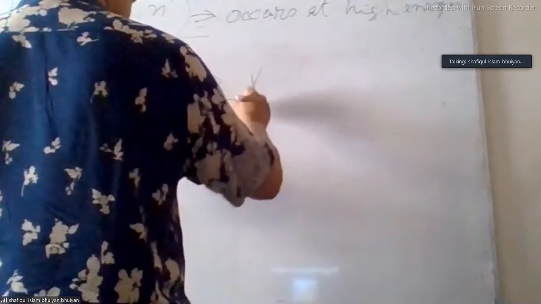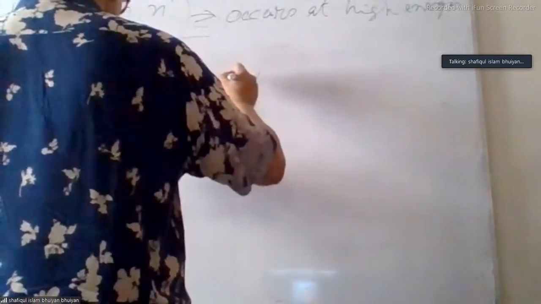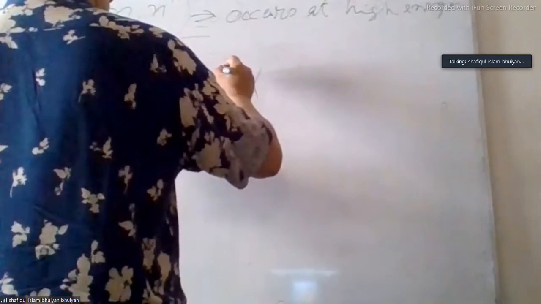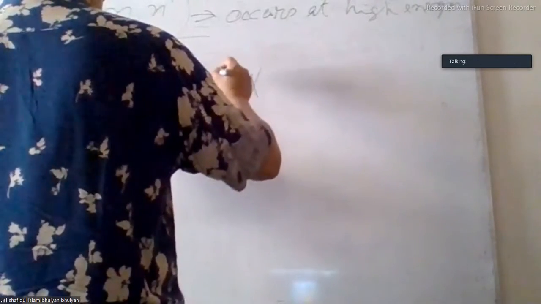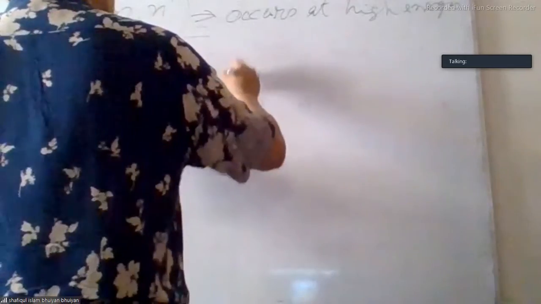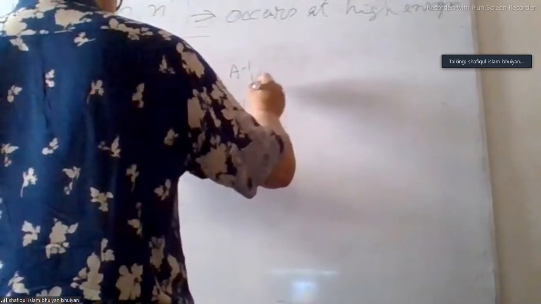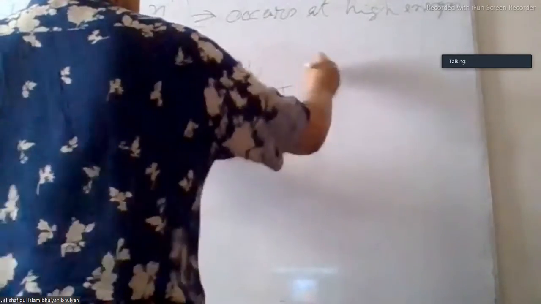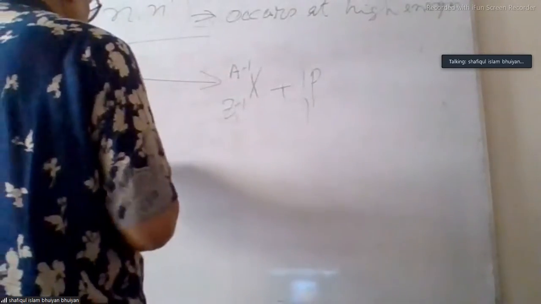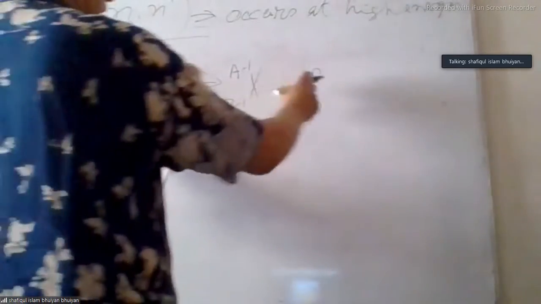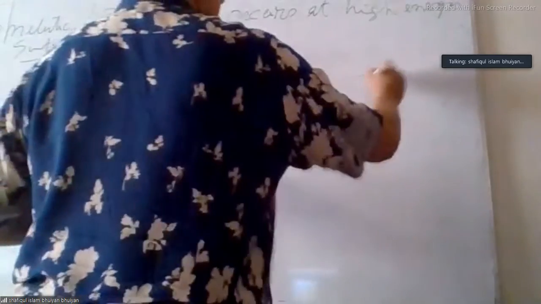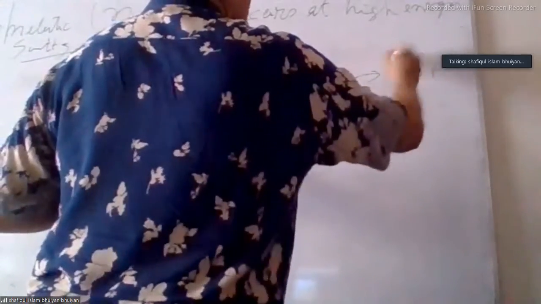This will be Z minus 1, one proton is gone, and this will be A minus 1 plus proton 1. This is what we call the N P reaction: a neutron is coming and the proton is coming out.